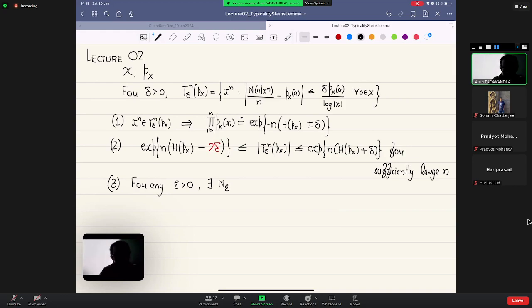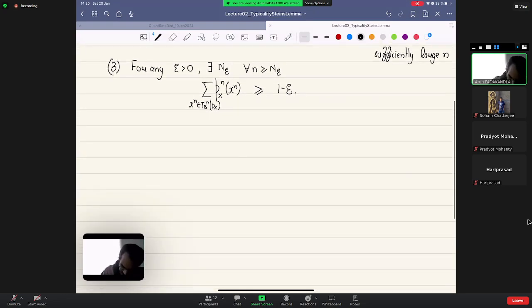That's what n is telling me. So that for all n greater than or equal to n epsilon, the probability, and I should be careful here, the probability is with respect to the distribution. So Pxn of xn, xn belongs to T delta n Px. So the probability that I land in this set is greater than 1 minus epsilon. Okay.